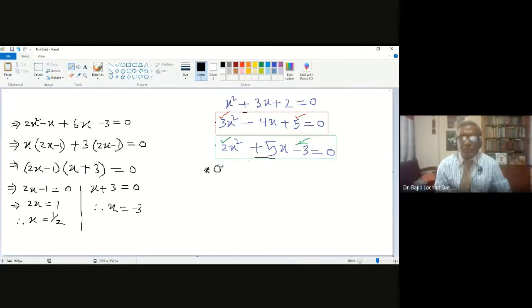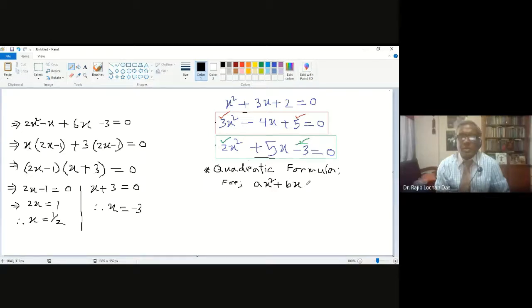Be careful. The quadratic formula is for the equation ax square plus bx plus c. If the equation is not clear to you, then the formula will be meaningless.